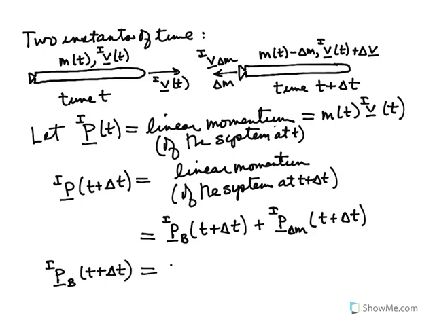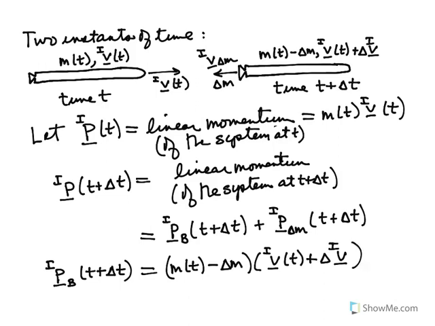Well, that's equal to m of t minus delta m times vi of t plus delta vi. Let's put an I here. Delta vi. So now, that's not all of the momentum of the system. We also have this momentum associated with this mass delta m at t plus delta t.